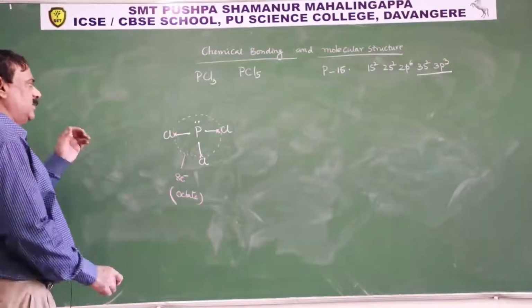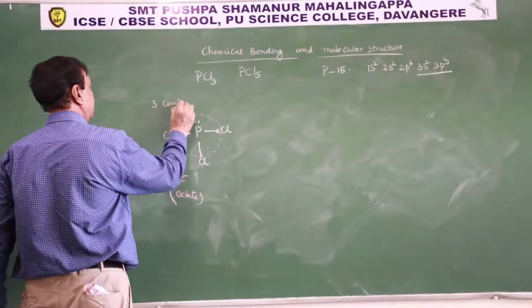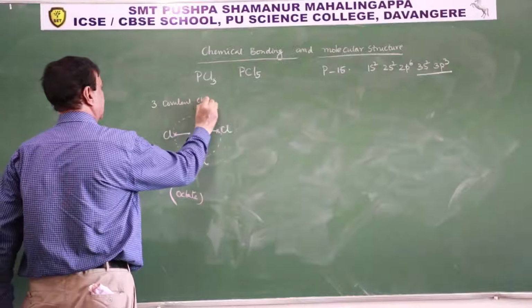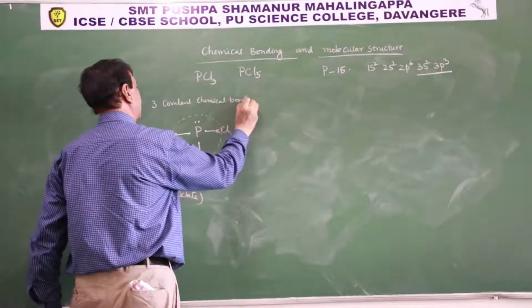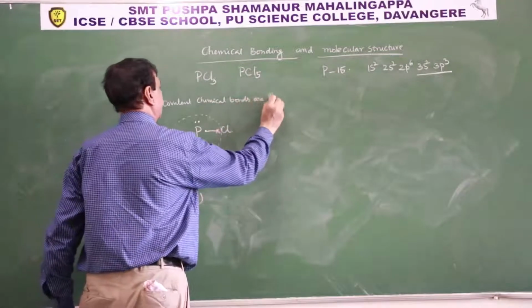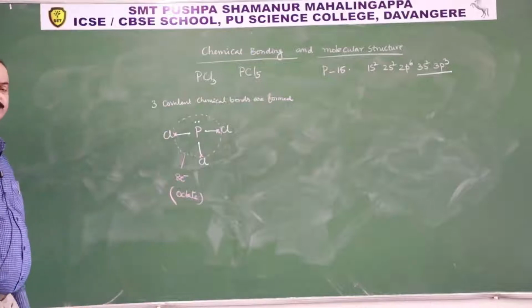Therefore, 3 covalent chemical bonds are formed.